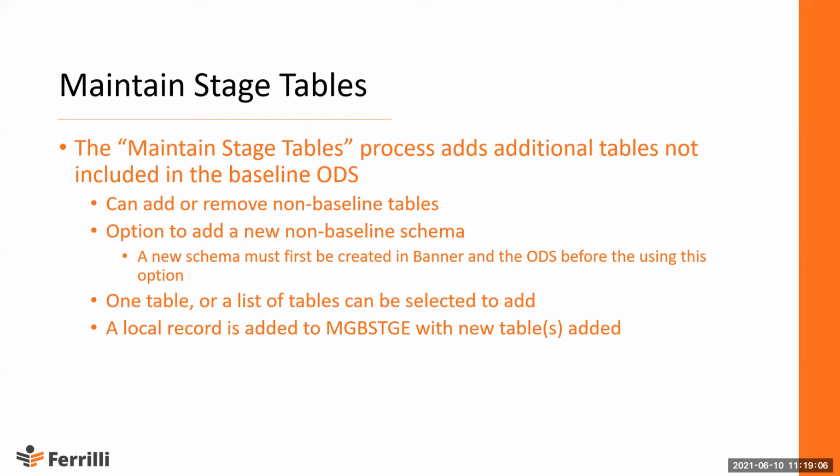It's just a subset of tables that were chosen as typical higher education institutional tables that are required for reporting in very common situations. Occasionally, you're going to run into a situation where a table is not part of baseline ODS, and you need it for reporting.